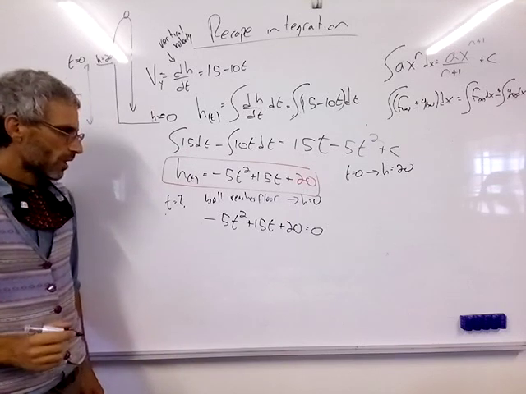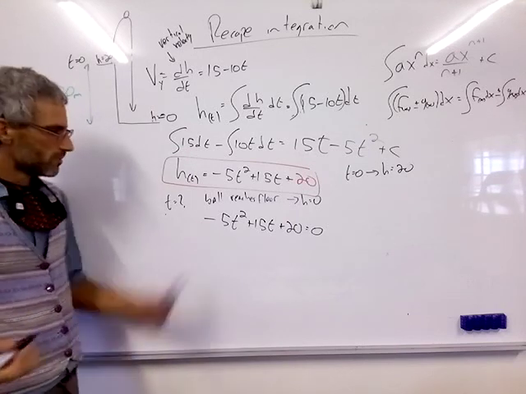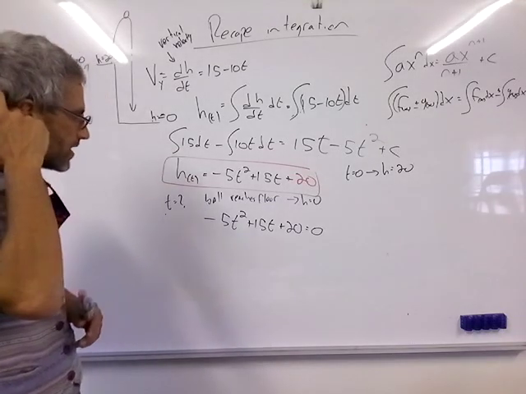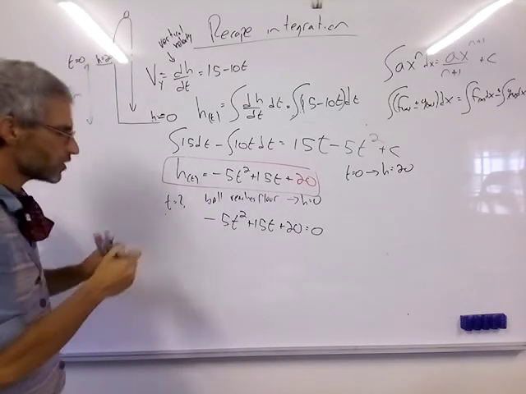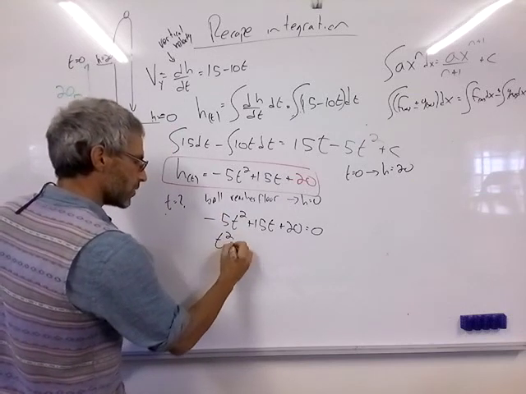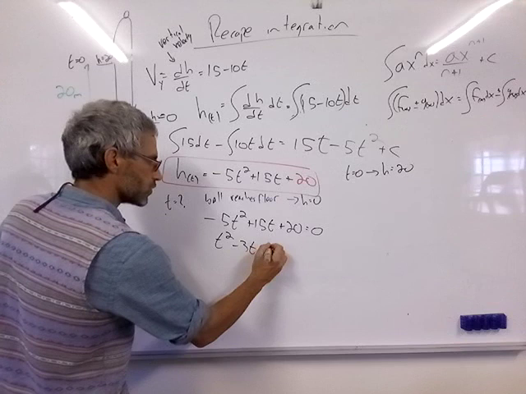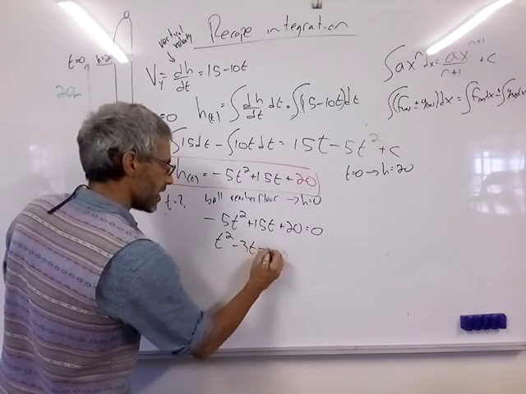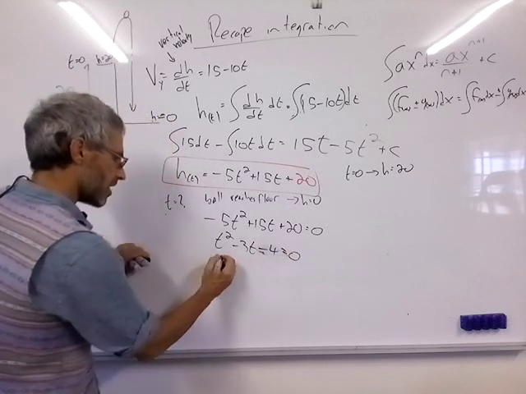Let's just investigate it. I'll divide by minus 5: t squared minus 3t minus 4 equals 0.